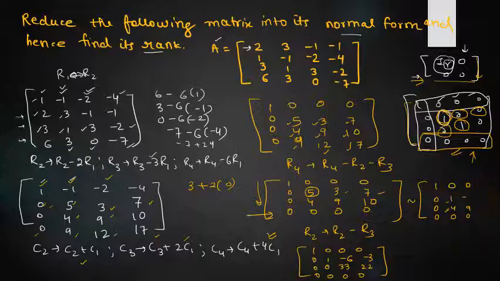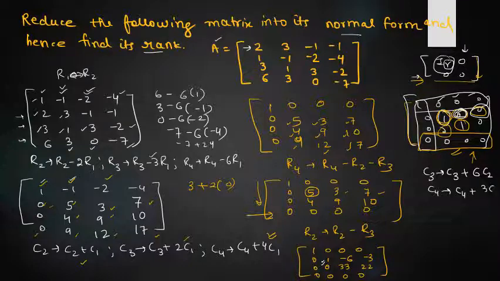So here, if you have to make the rest, that is these elements, as zeros, this one, this one, how can you do so? You have got this as 1. So from C3 you can add 6 C2 and C4 also 3 C2, right?